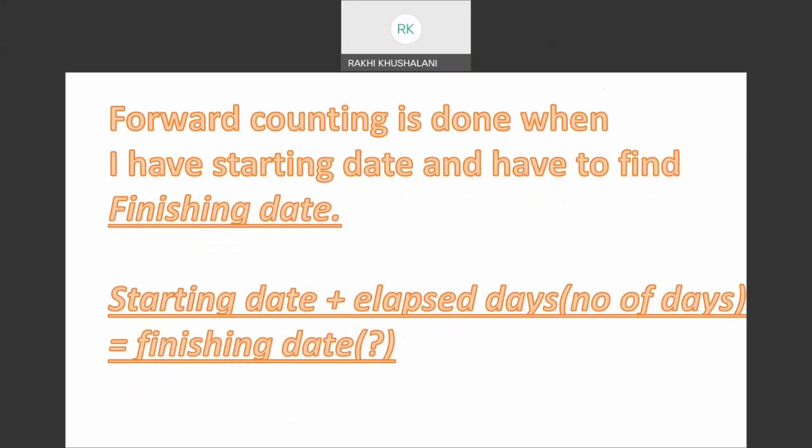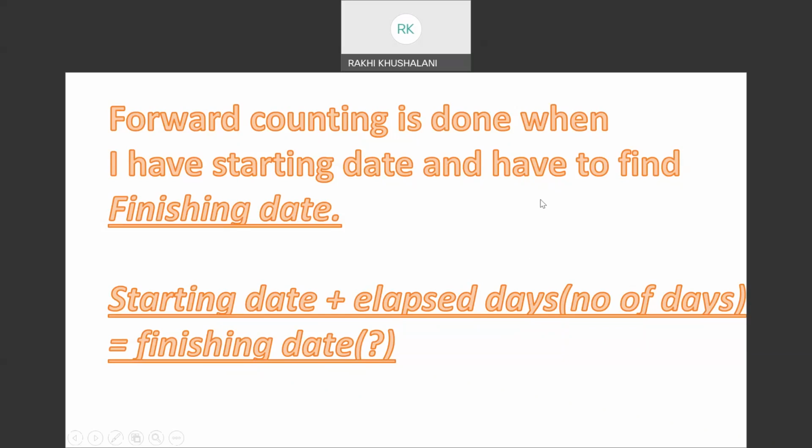Now forward counting is done when I have a starting date and I have to find the finishing date by adding the elapsed number of days. Starting date plus elapsed days, that is the number of days or the duration, is equal to the finishing date that we need to find out.